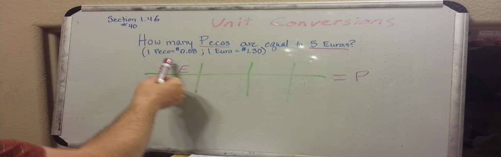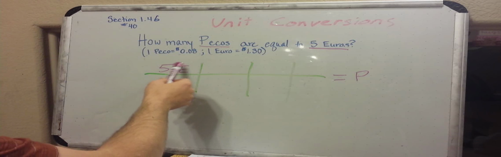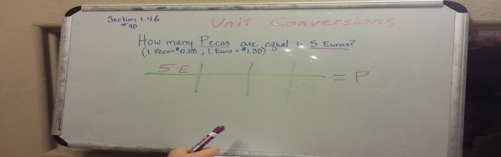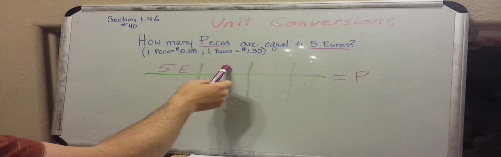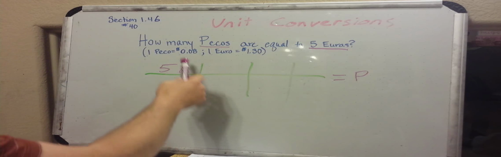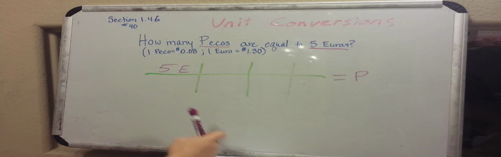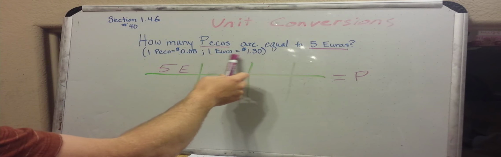Well, we want to find out what pesos are, but we need to get rid of the euros. So we're going to skip over pesos because I don't know if pesos are supposed to go on the top or the bottom, or if the dollars are supposed to go on the top or the bottom. So we're just going to skip over this known fact and move on to this.